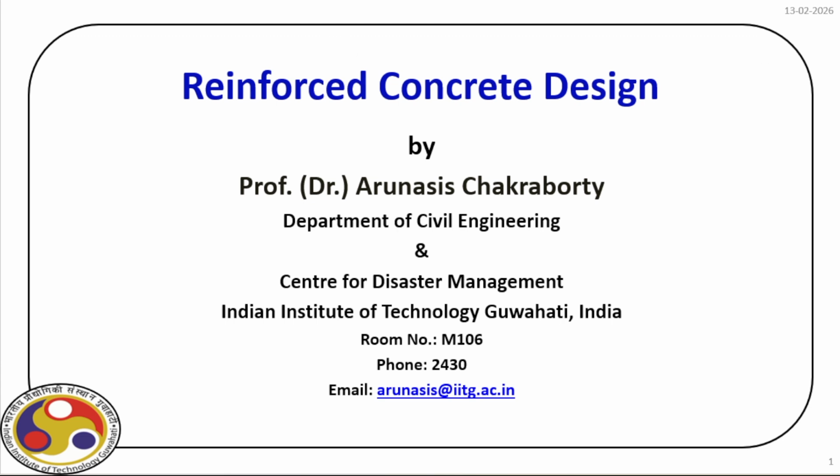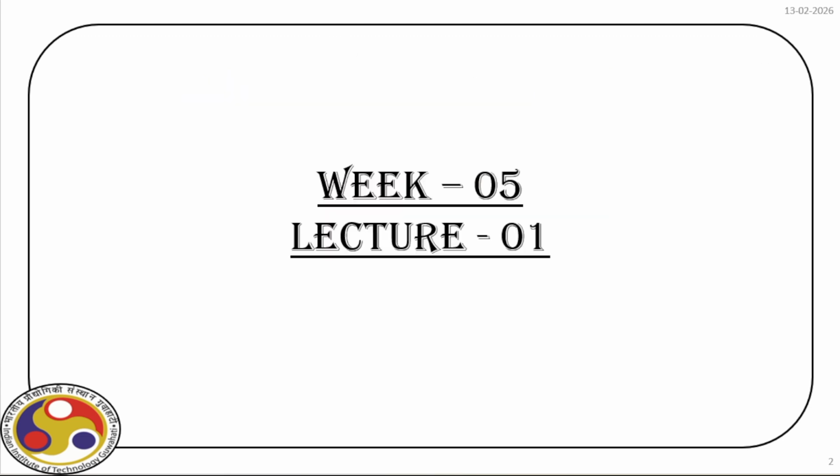We are in week 5 and this is our first lecture. So in this week, we are going to learn column design, which we started in the previous week, but this time we will design a column with axial compression and uniaxial bending.